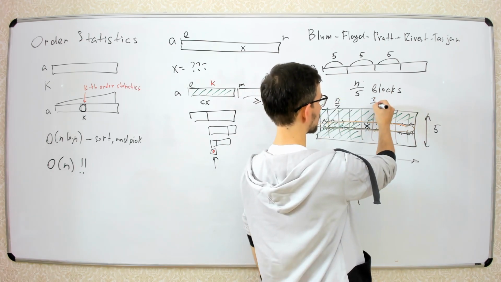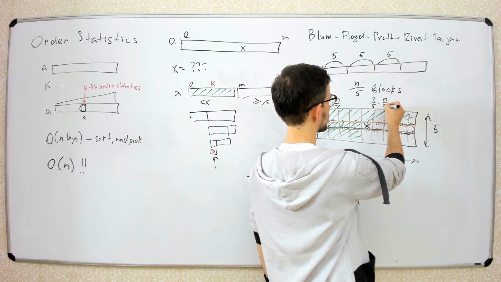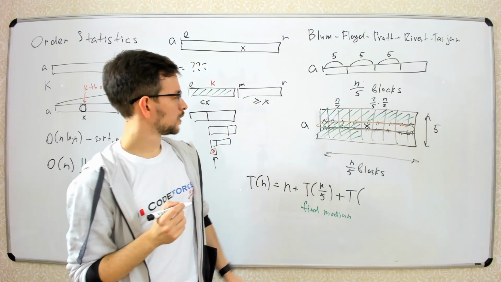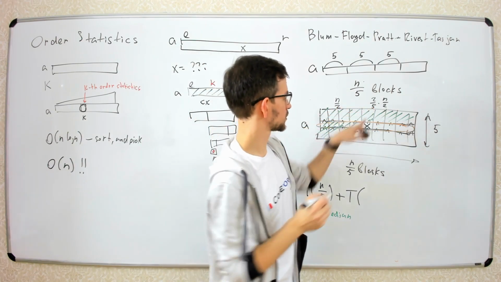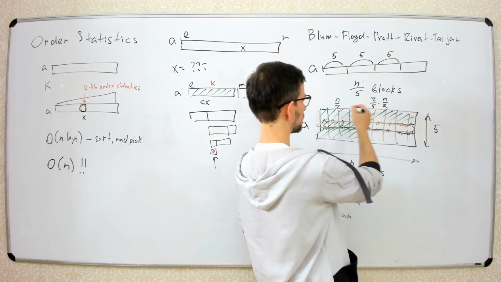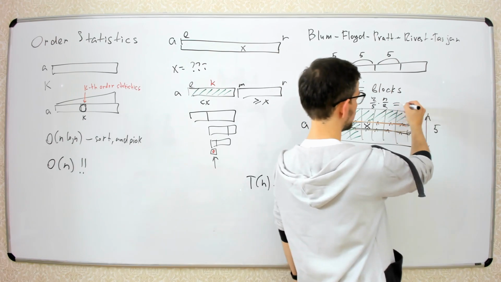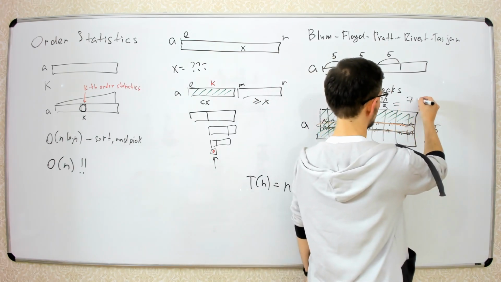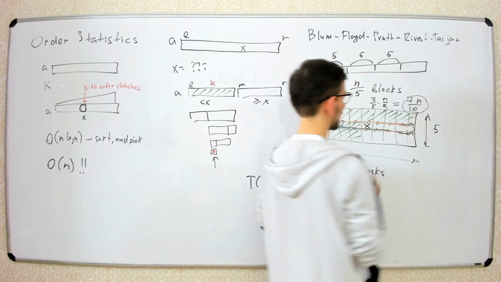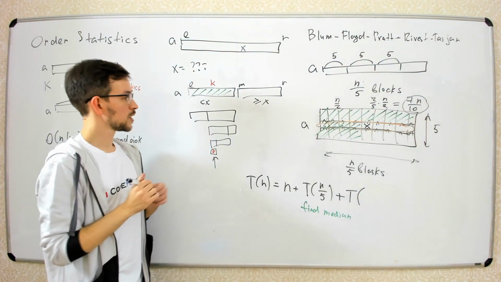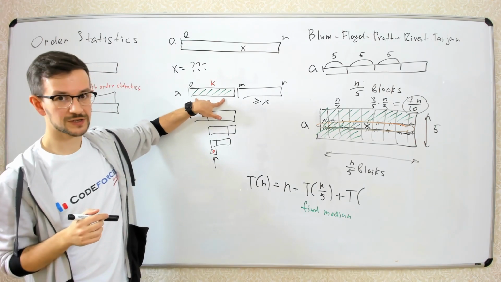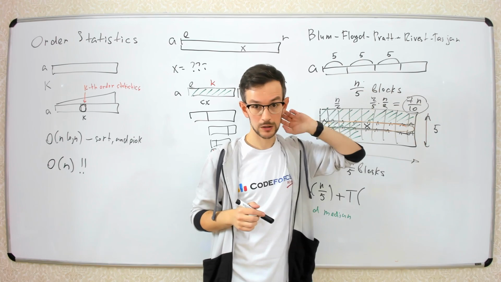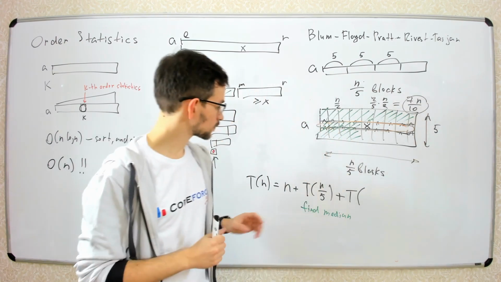So this is n over 5 times 2 plus n over 2. It's 7n over 10. So the maximal possible size of this part is 7n over 10.